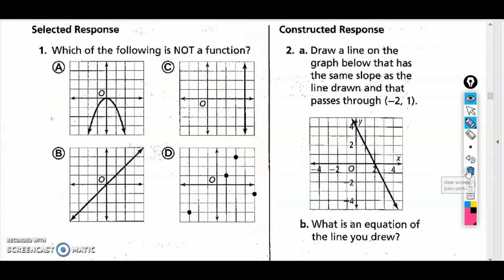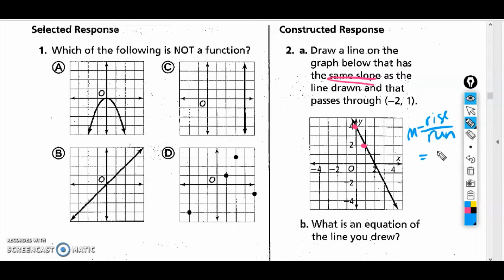For number 2, draw a line on the graph below that has the same slope as the line drawn and passes through negative 2, 1. So a couple of things. First, we need to know what the slope of this line is. If I pick any 2 points that are easy to tell the coordinates of, and I find the slope, and remember slope is rise over run, or how much y changes over how much x changes.